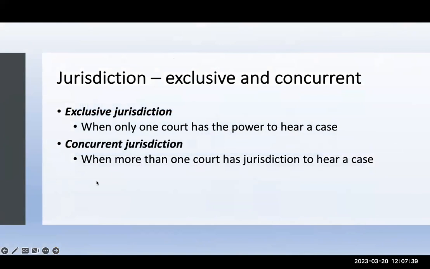All right, this next slide deals with the exclusive and concurrent jurisdiction of the federal court matters. Again, some types of federal cases can only be heard in federal courts. This is exclusive jurisdiction. The reason that exists is because Congress said in the statute that only federal courts could hear that.